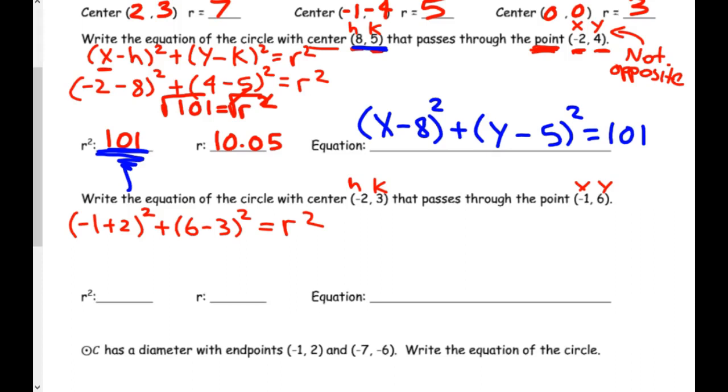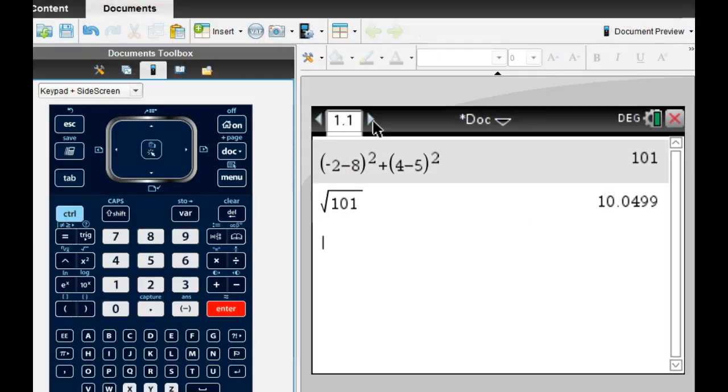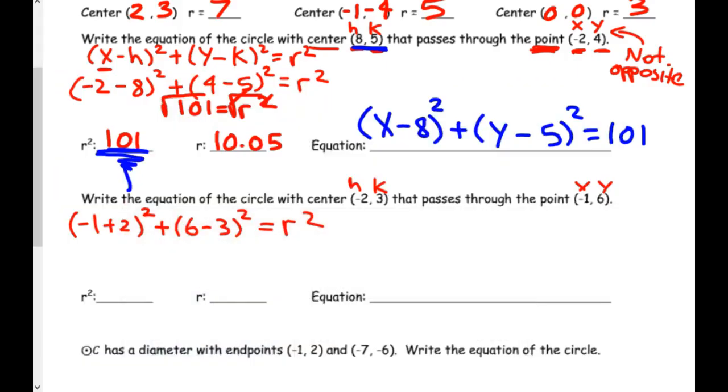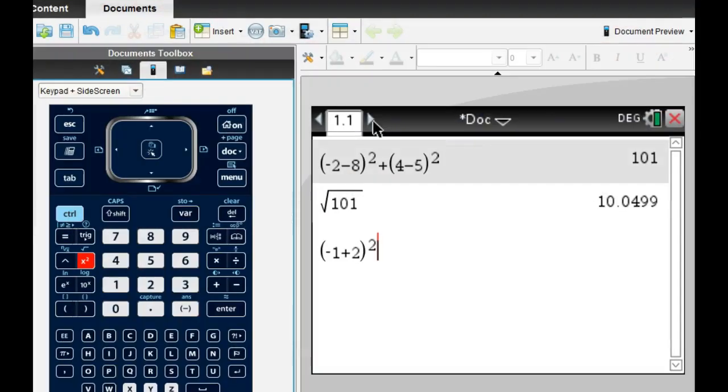I need to type in my calculator, -1 plus 2 squared plus 6 minus 3 squared, and I get 10.